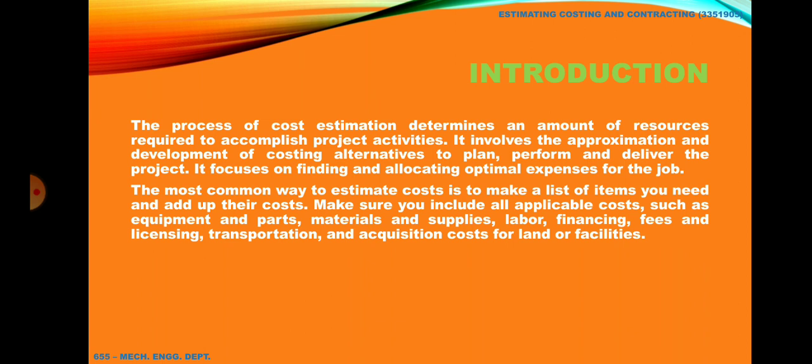Make sure you include all applicable costs such as equipment and parts, materials and supplies, labor, financing, fees, license, transportation, and acquisition costs for land and facilities. So it includes all the requirements.